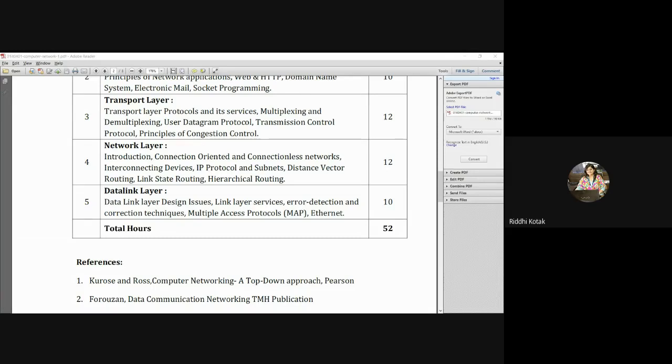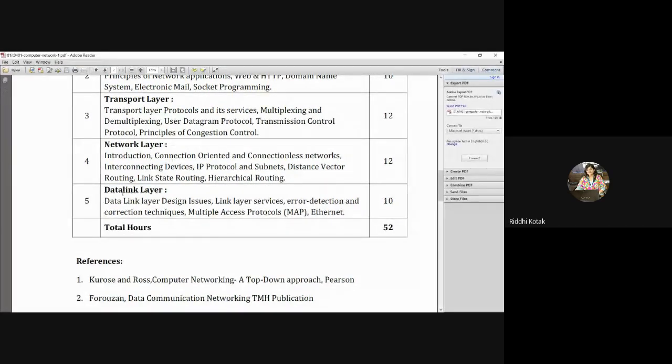We know that it takes services from the physical layer and provides services to the network layer. In between, what will the data link layer do? It has many functionalities, which we will discuss step by step. As I told, I will upload the unit 4 PPT in your MFJ portal.